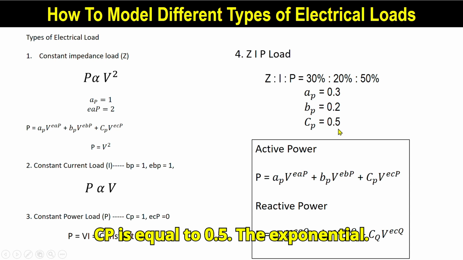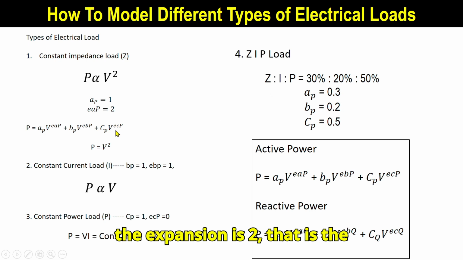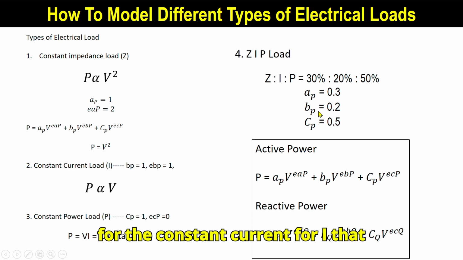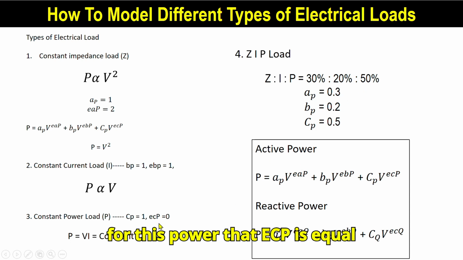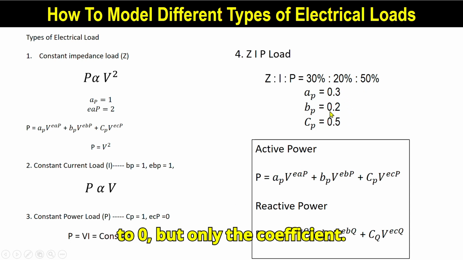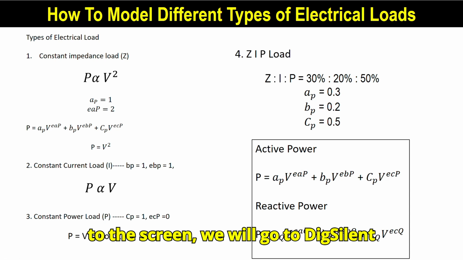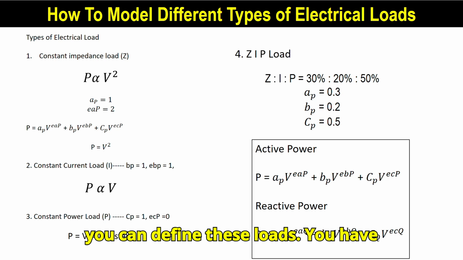The exponents will remain the same. For Z, the exponent EAP is equal to 2, for constant current I, EBP is equal to 1, and for power, ECP is equal to 0, but only the coefficients will change. Now we will go to the DIgSILENT screen and see how you can define these loads.